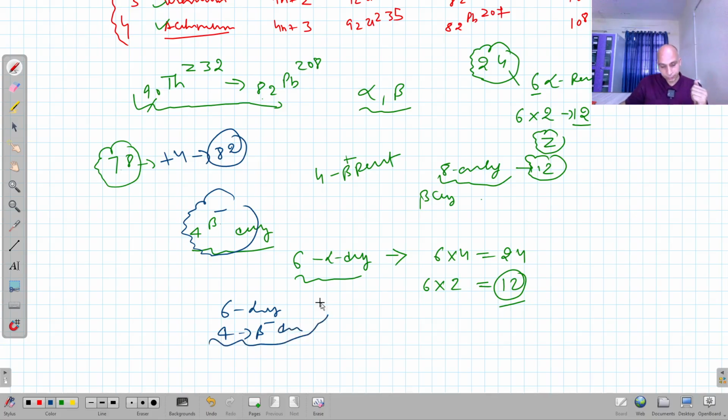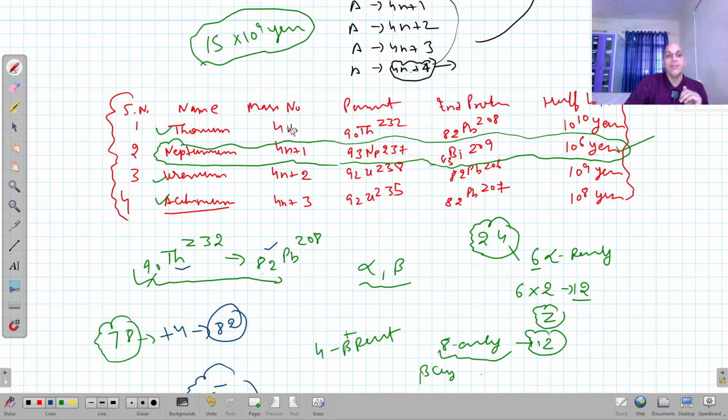This is the number of alpha and beta particles emitted during this series, in order to make this series complete, starting from thorium and ending at the stable product 82 lead 208. Similarly, you can be asked to calculate the number of alpha and beta particles for all these series.